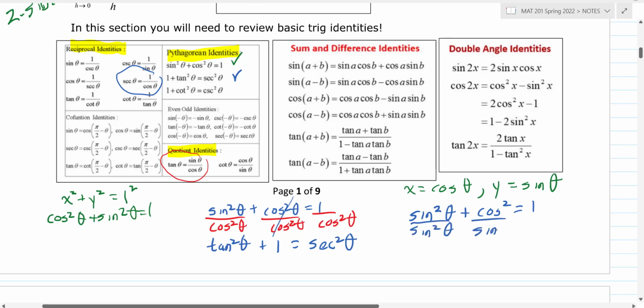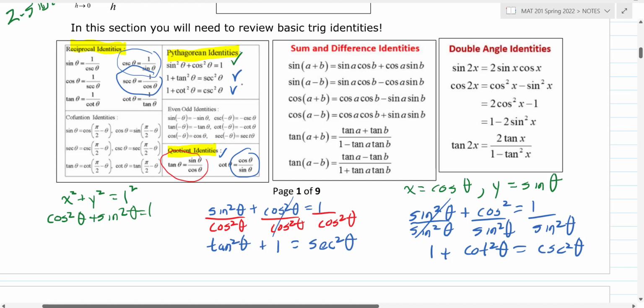And if I divide everything by sine squared theta, the other Pythagorean identity pops up. See, that's 1. The cosine over the sine is the cotangent squared theta. And then 1 over sine, if you look over here, 1 over sine is the cosecant squared theta. So you end up getting that third identity like that.